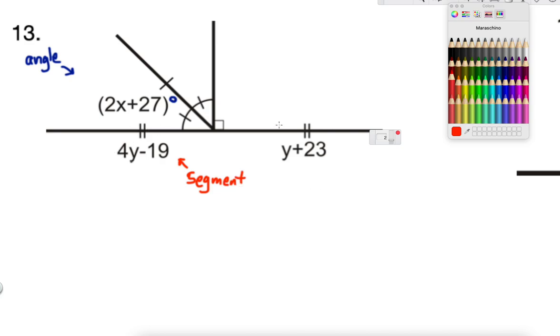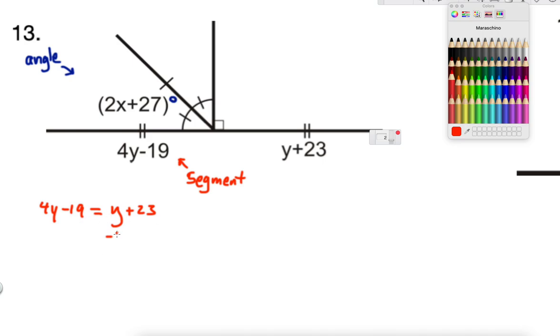We see these two congruent symbols on this segment, so we know that these are both equal. So I can say that 4y minus 19 on this congruent segment is congruent to the y plus 23 on this congruent segment. And then we're going to solve for y.